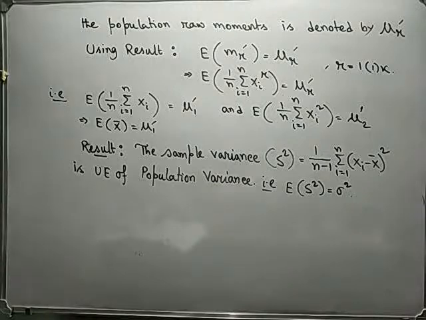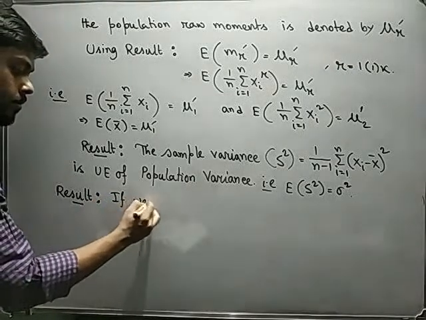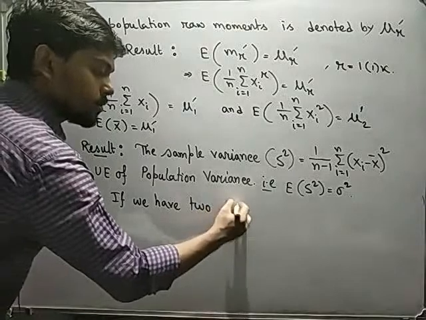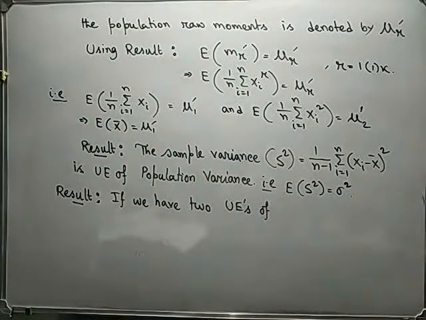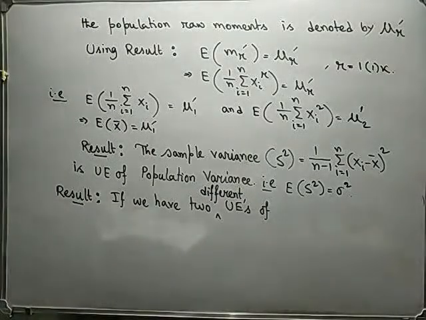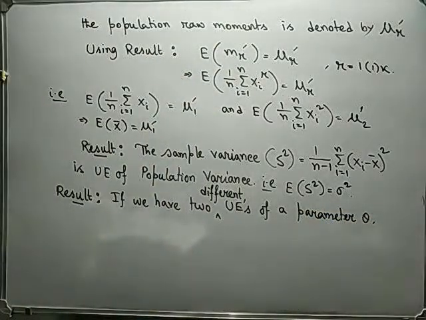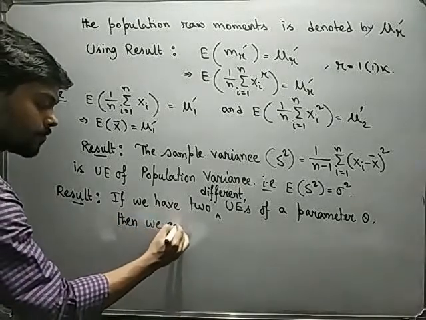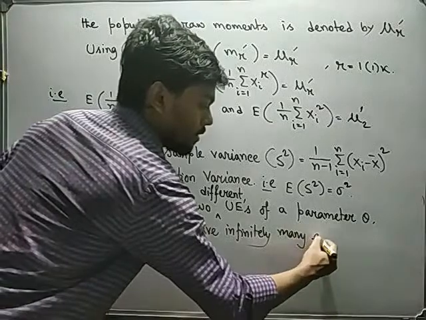Now the next result: if we have two different unbiased estimators of a parameter theta, then we can have infinitely many estimators.